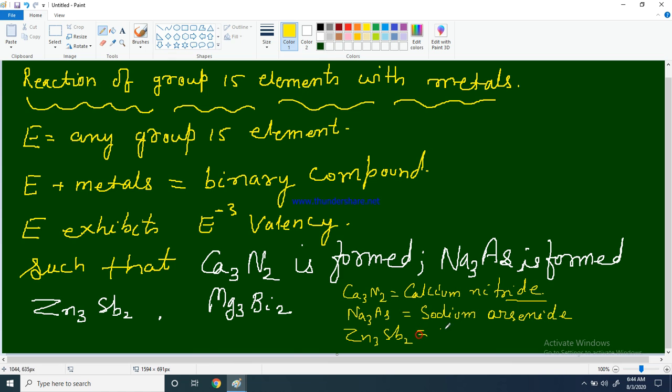Zn3Sb2 is called zinc antimonide. And Mg3Bi2 is named magnesium bismuthide.